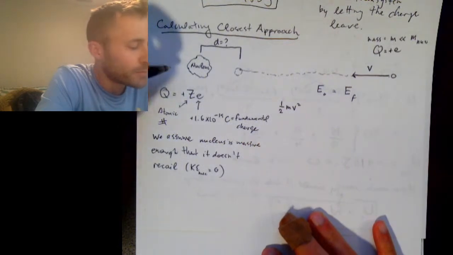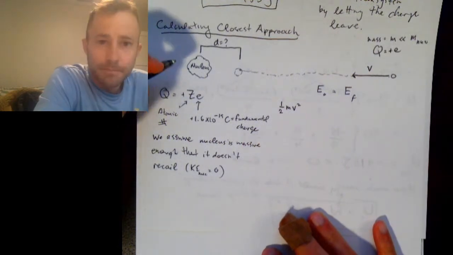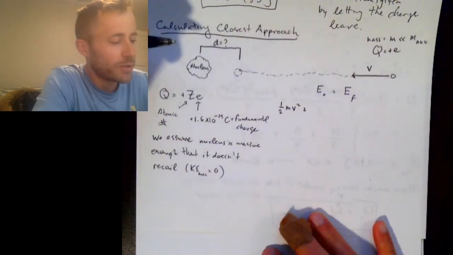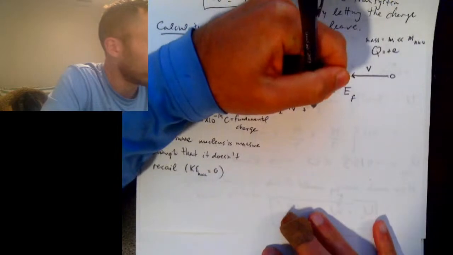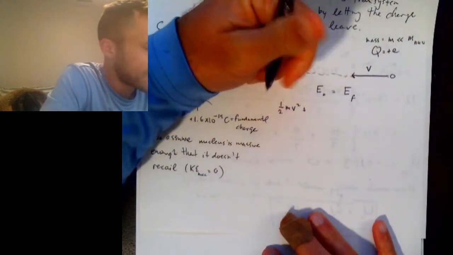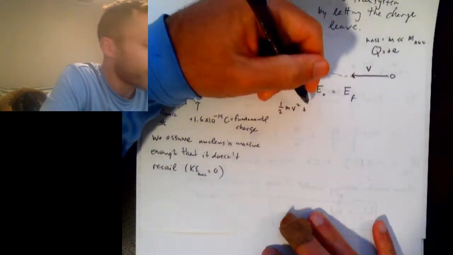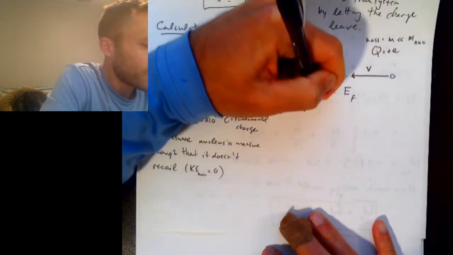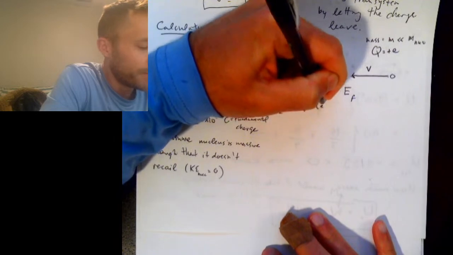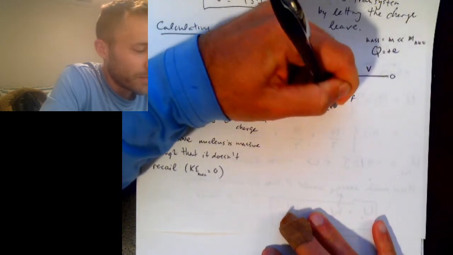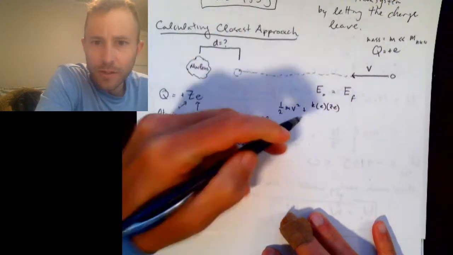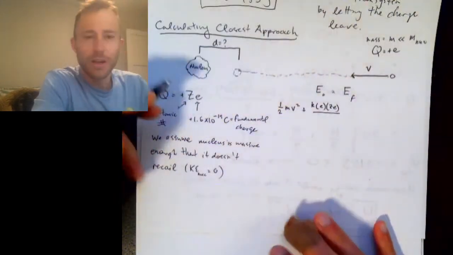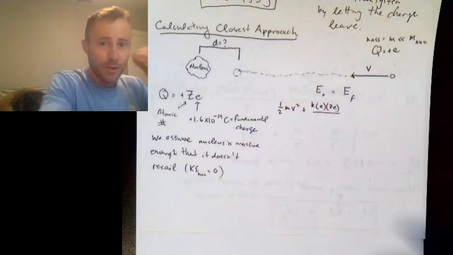Then we also have the electrical potential energy of these two charges: k Q1 Q2, so e times Ze, over the distance.